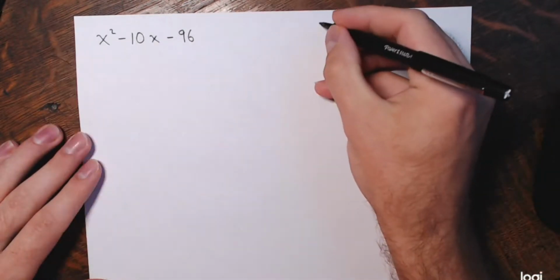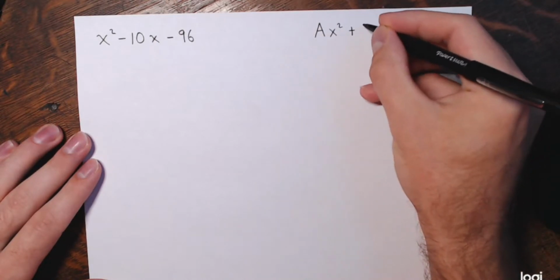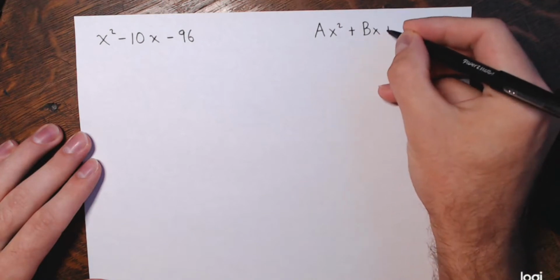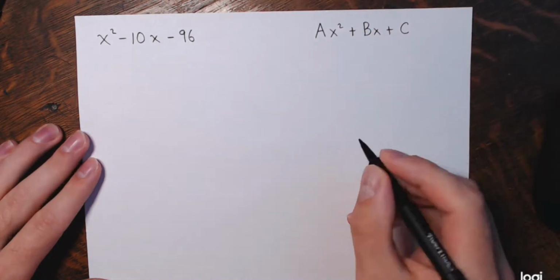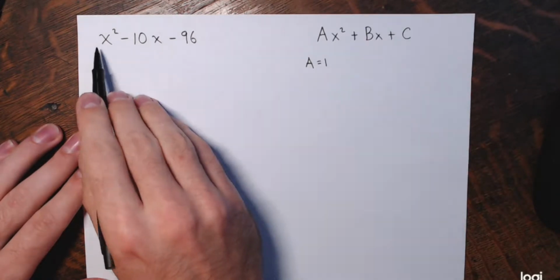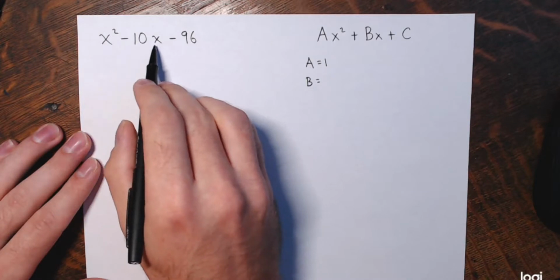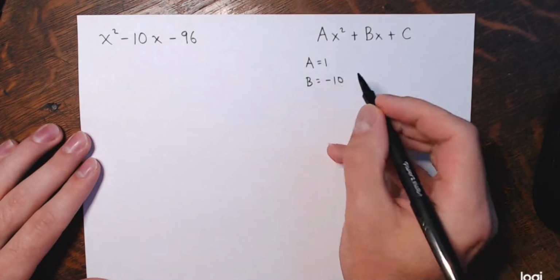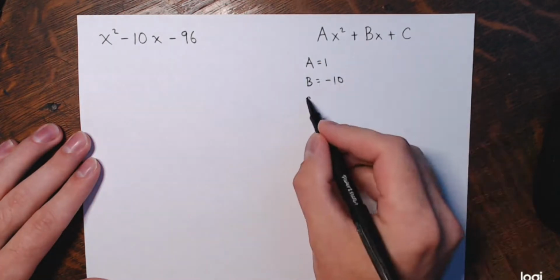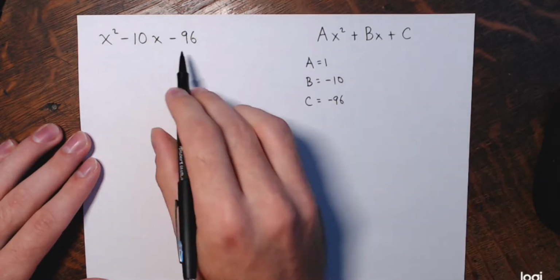So again, I'm factoring quadratic trinomials, ax squared plus bx plus c. But a is 1. Right? A is positive 1. Here, b is the coefficient of x, the first power term, which is negative 10. Don't forget the negatives. And c here is negative 96. Again, don't forget that minus signs are parts of terms.